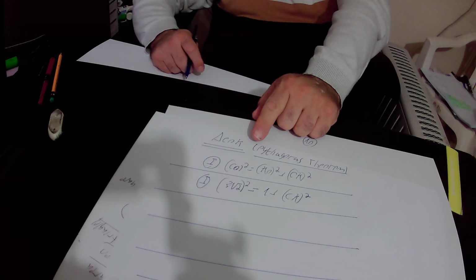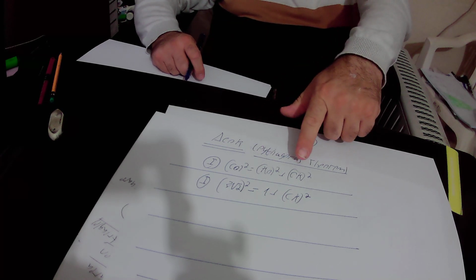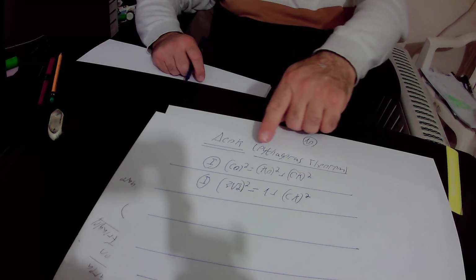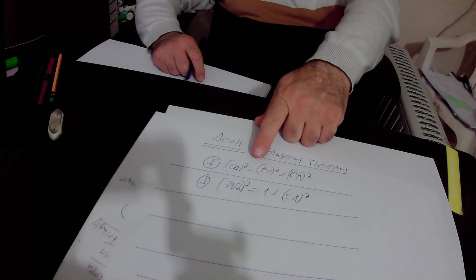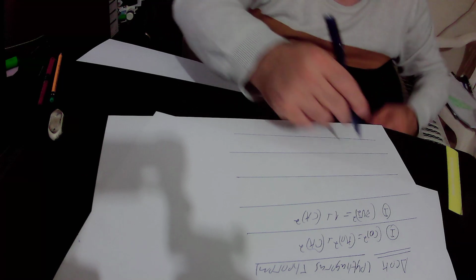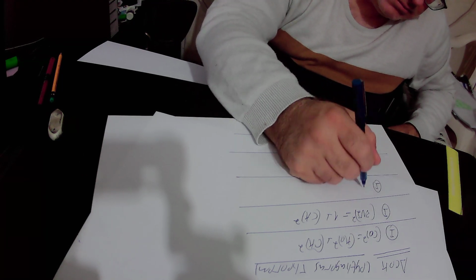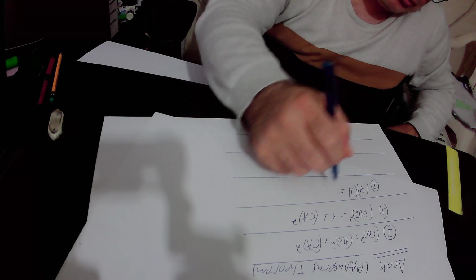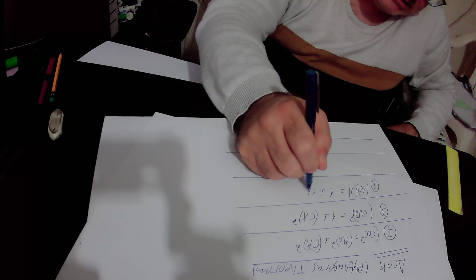So in conclusion, we found out that CO squared is 3 times square root of 2 squared, and it equals KO squared, that is 1, plus CK squared. The square of 3 times square root of 2 is actually 9 times 2, and 9 times 2 equals 1 plus CK squared.